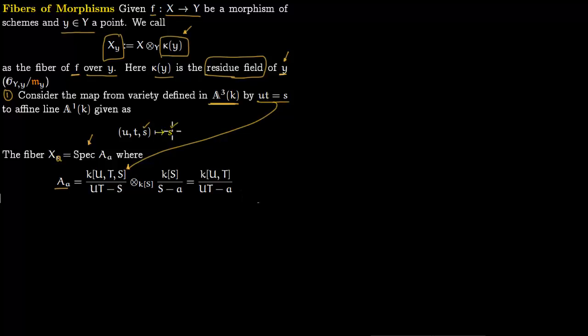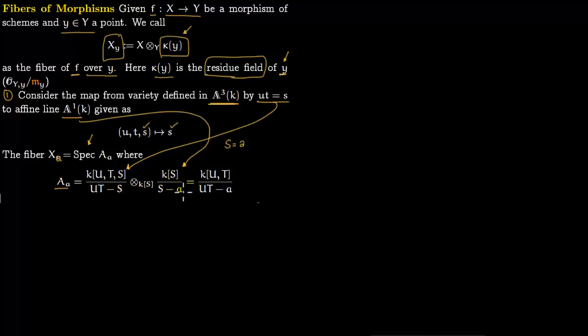And for A^1_k, you already know that k[s] is the coordinate ring. Then you have the maximal ideal corresponding to point a, which by the Nullstellensatz is (s minus a). So s minus a essentially means you are setting s equal to a. If you just consider it this way, you will get k as the residue field, because s is set to a, so all polynomials are evaluated at the point a.